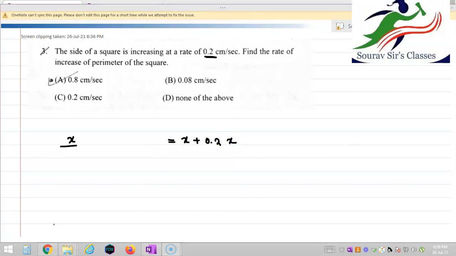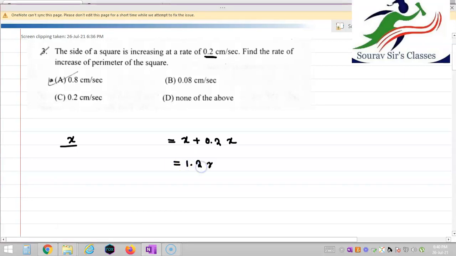So after 1 second this is the new length of the side of the square, that will be 1.2x centimeter.